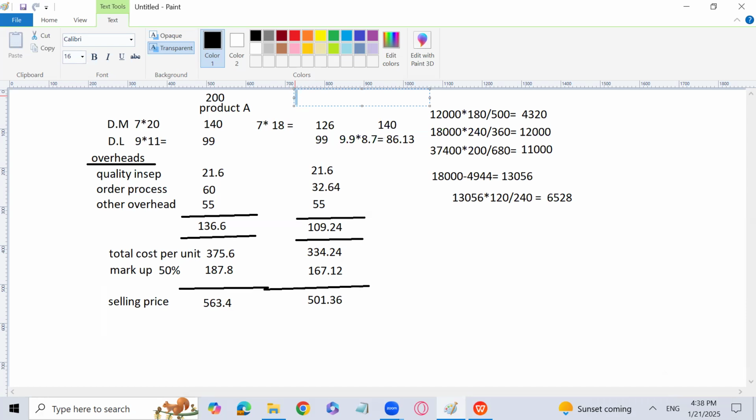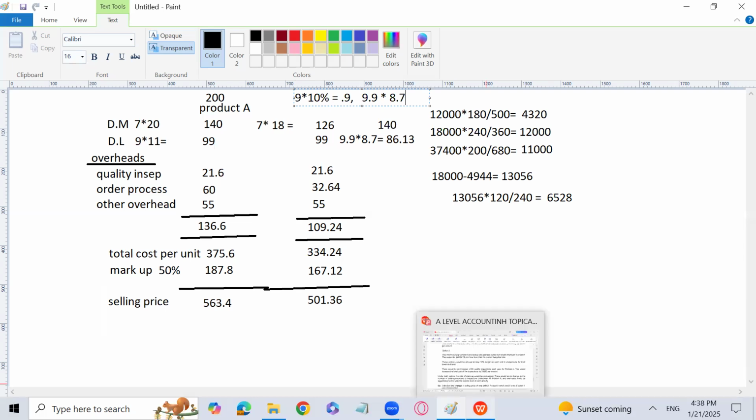We were taking 9 hours, but now because of the less skilled workers they take 10% more, which is 0.9, so the hours are 9.9. Previously we paid $11, now 8.7 per hour, 2.3 less than the usual rate. So the direct labor becomes 86.13.